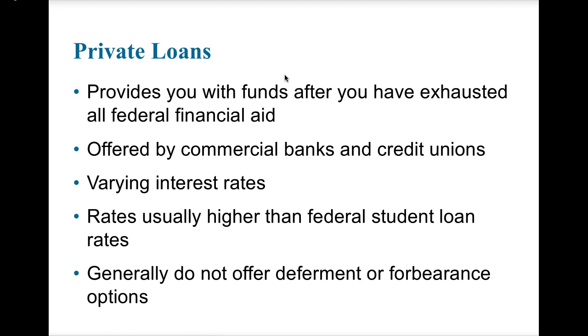Now, as far as private loans, there are plenty of private loans that you can borrow money from after you've used the limits of your federal loans. Commercial banks and credit unions are going to offer these, but usually at higher rates of interest than the federal loans. And they generally don't offer the deferment or forbearance options that some of the federal loans have.